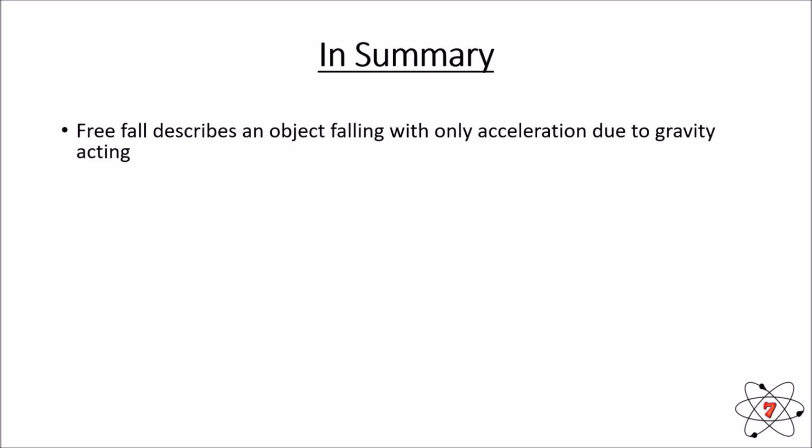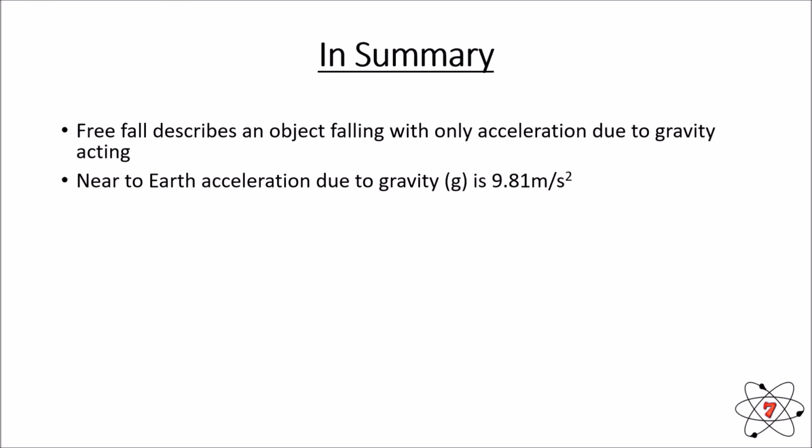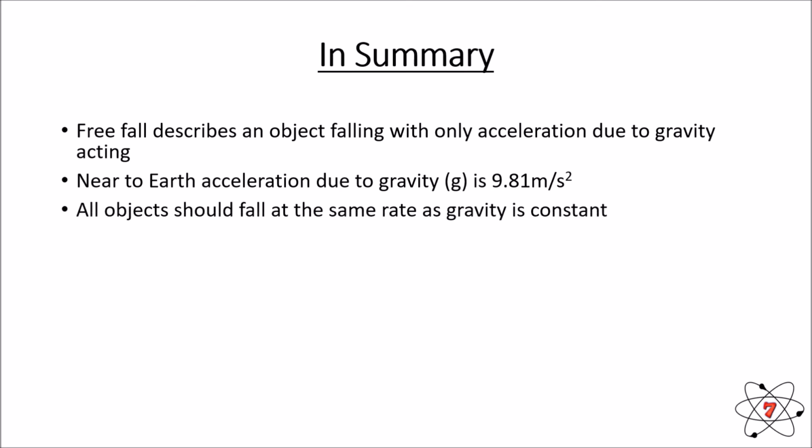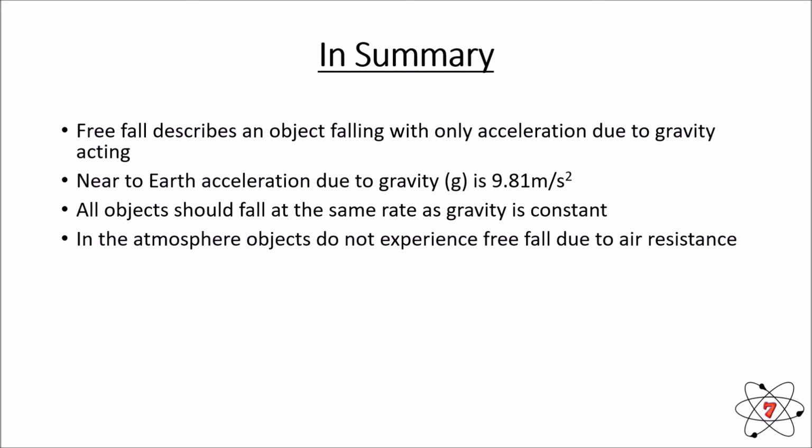In summary, freefall describes an object falling with only acceleration due to gravity acting on it. Near to the Earth, acceleration due to gravity is 9.81 meters per second squared. All objects should fall at the same rate as gravity is constant. Gravity on Earth doesn't change, so all objects are pulled at the same rate.